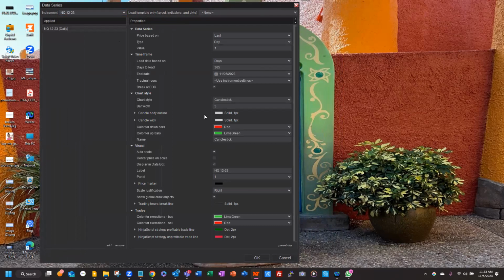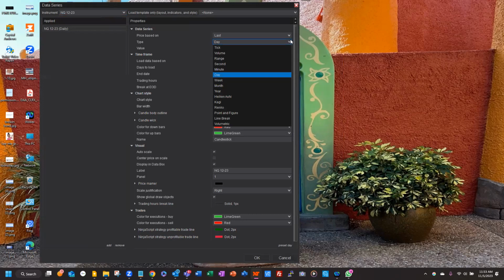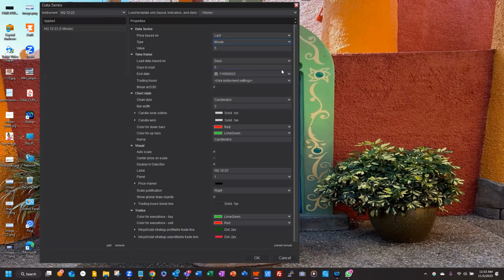Now here, everything else is saved as a default, so we just need to save what type of chart we're going to do. So this one, we're going to do a minute chart. Let's do a 15-minute chart.